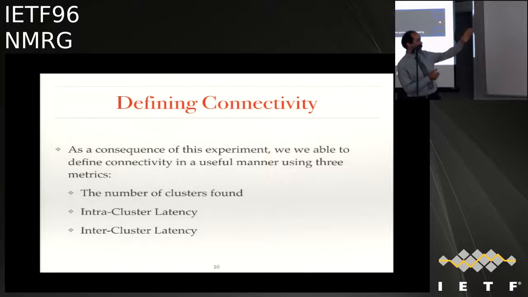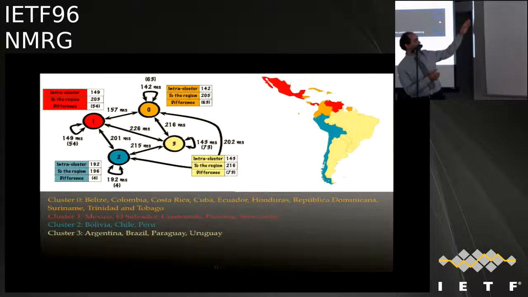So here on the upper left, we have the graph we built, and to the right, the map corresponding to the graph. For example, if we take cluster number 3, Argentina, Brazil, Paraguay, and Uruguay, we can see that internally, between Argentina and all those countries, they have very good connectivity, 143 milliseconds average.